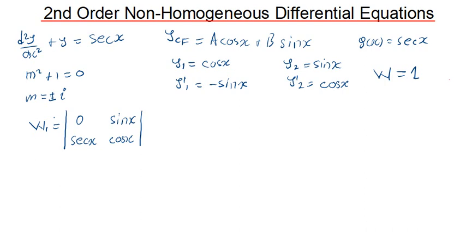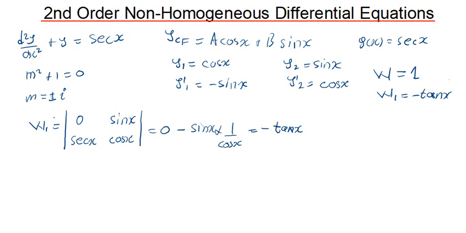So the major diagonal gives us 0 minus the minor diagonal, which is sine x multiplied by sec x. It's not a 1, it's sine x multiplied by 1 over cos x. This just turns out to be minus tan x. So W1 is equal to minus tan x.